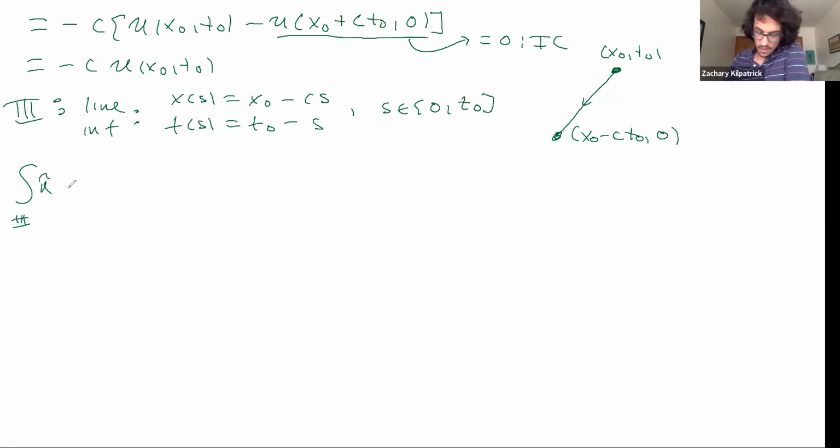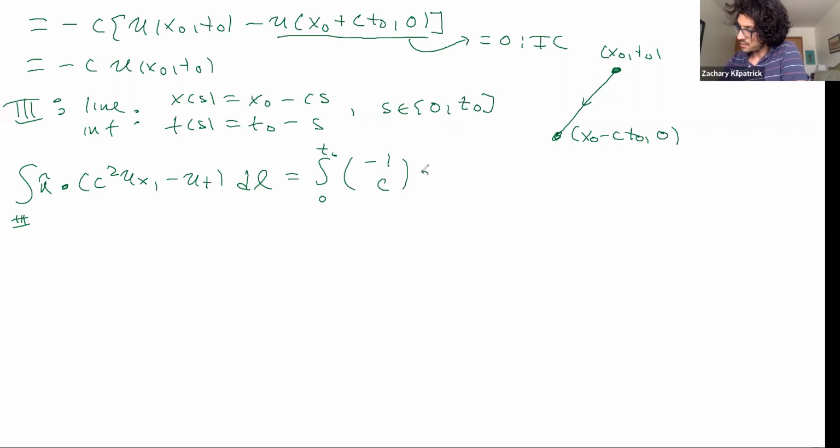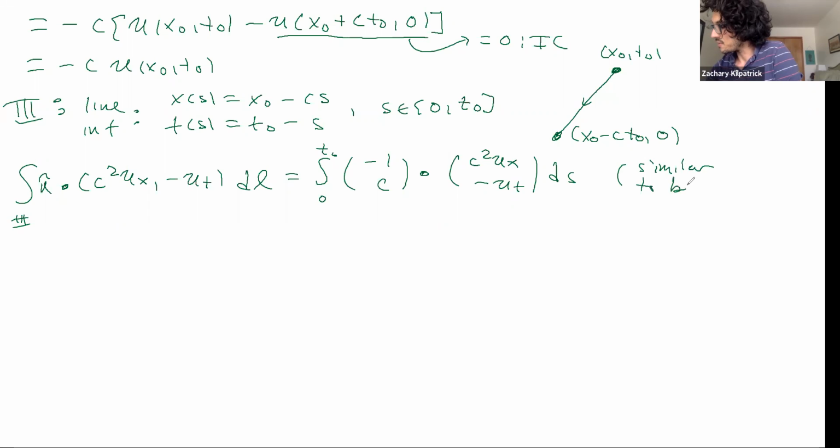It's going to be the normal dotted with c squared u sub x, u sub t, dl. This is equal to the integral from 0 up to t0, minus 1c dotted with c squared ux minus ut ds, okay? And I'll just say that the intermediate steps are similar to before, right?